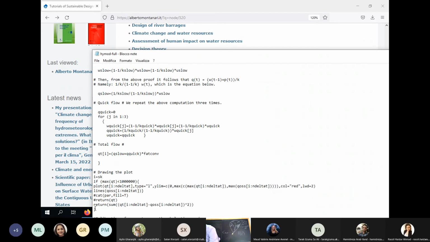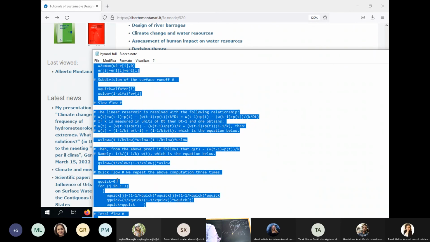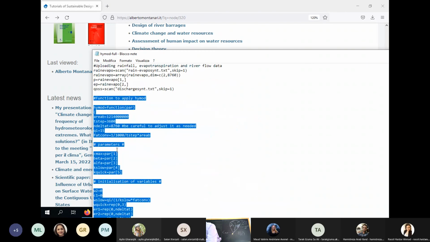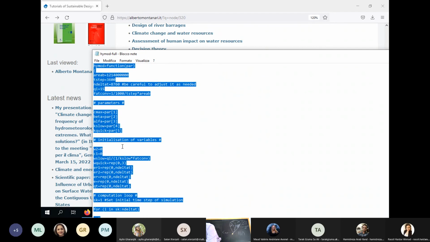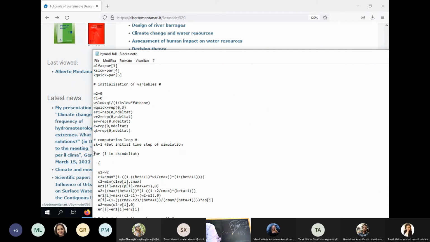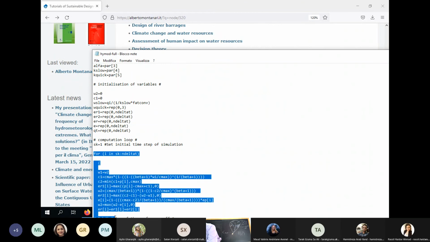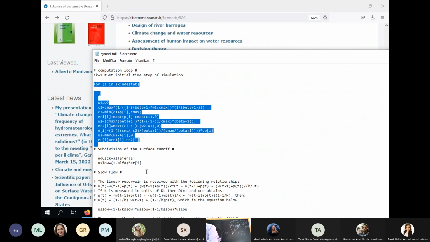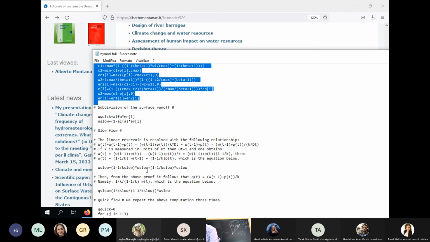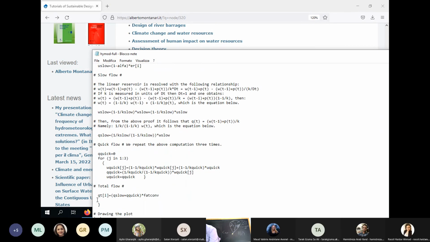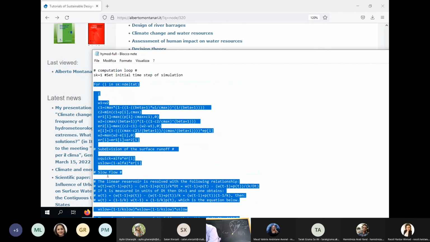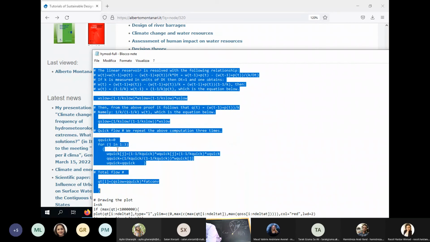Here there is a plot. It is up to here. It's not very long. It looks long on the screen, but many of the lines are just definitions of parameters, input data, etc. It's really not very long. And here there is a for cycle that applies the model at each time step. And you see that this for cycle is very short. It closes here. It's like 30 lines. There are some comments also.